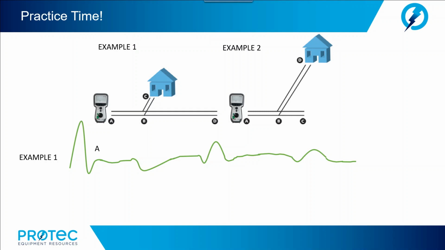The first point of impedance mismatch occurs at the tap, where we see a capacitive change taking place resulting from the capacitive load of the branch circuit. So we see a negative reflection.